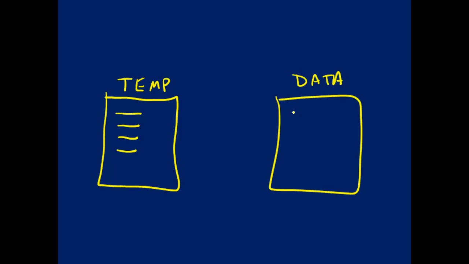And so what we're going to be doing right now, we have a number of data sets in our temp folder, and what we want to get are new data sets in our data folder.